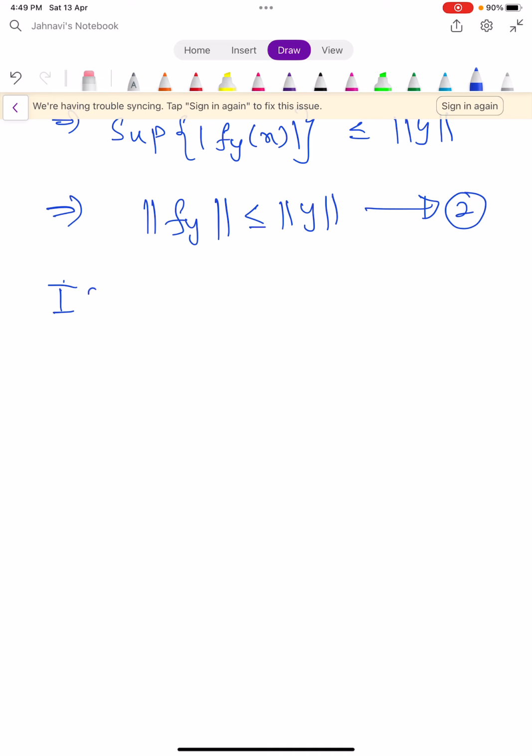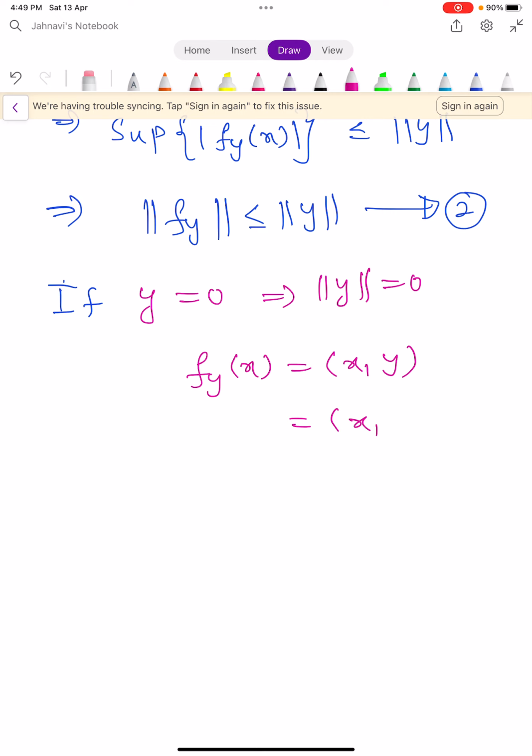Suppose y is equal to 0, what happens? If y is equal to 0, then ||y|| is also 0. The inner product of x comma 0 is equal to 0.